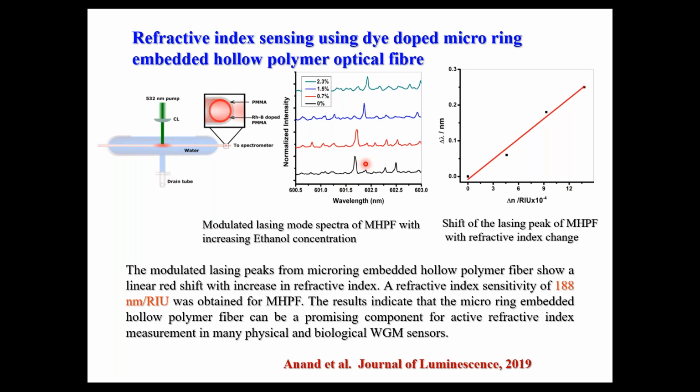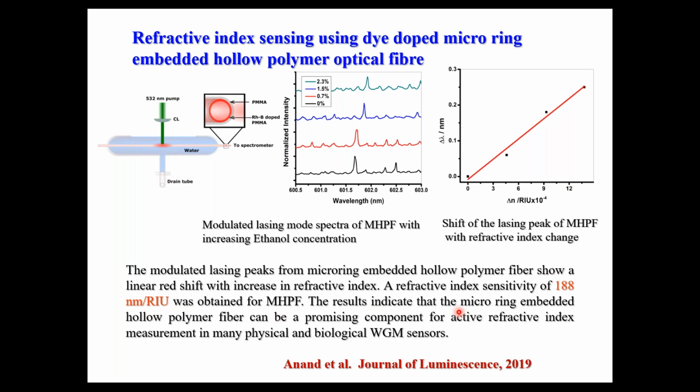So the refractive index was changed by supplying different liquids, and the results indicate that a refractive index sensitivity of 188 nanometer per refractive index unit was obtained for this kind of fibers.